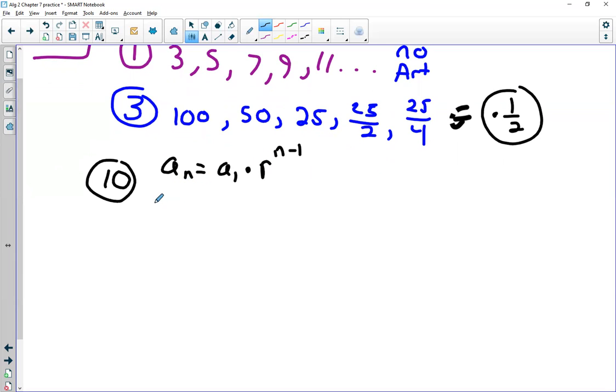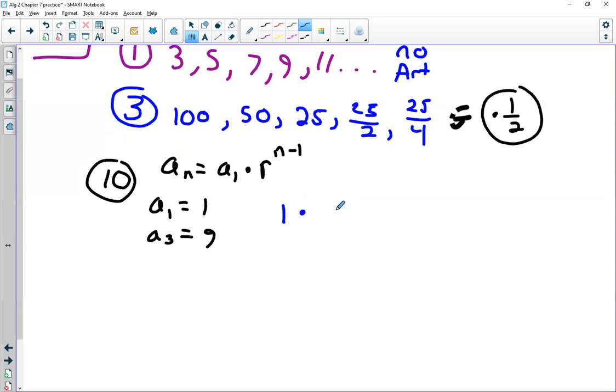So number 10 here, a_1 equals 1, a_3 equals 9. In this question, we need to find r. We already have a_1, so I'm going to plug this in. a_1 happens to be 1.